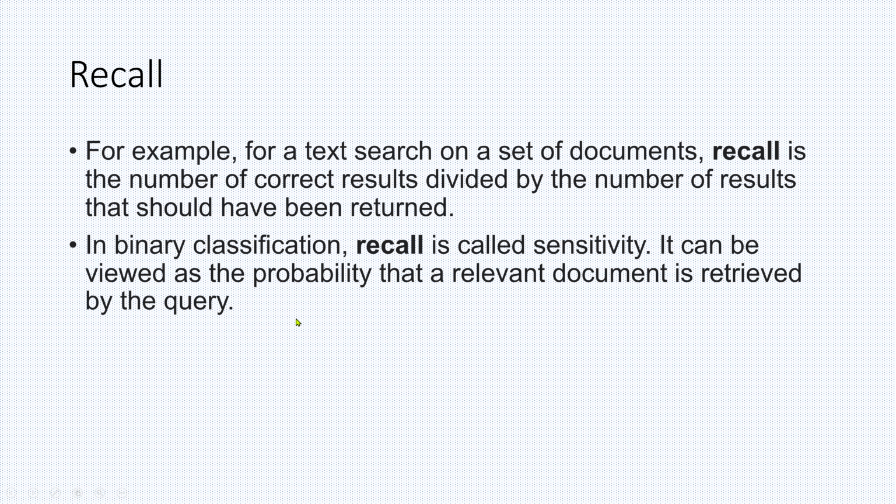It can be viewed as the probability that a relevant document is retrieved by the query. For example, for a text search on a set of documents, recall is the number of correct results divided by the number of results that should have been returned.